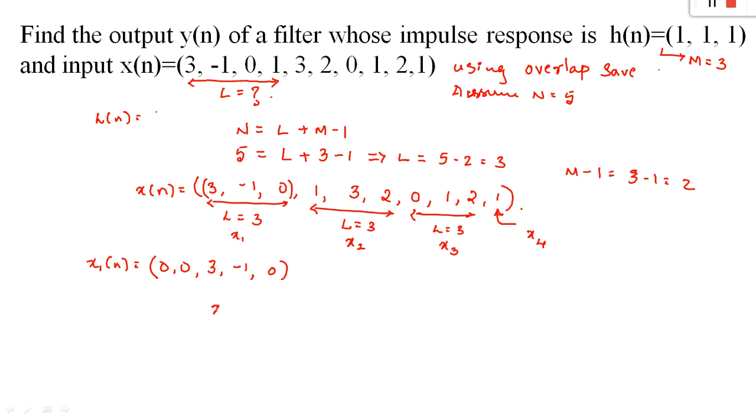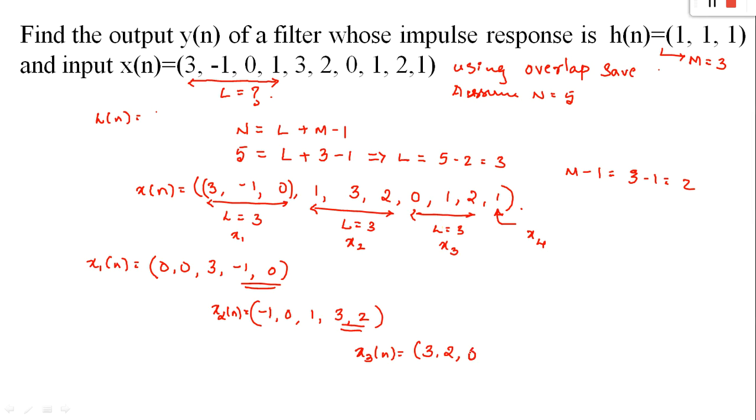Okay, now x2 of n I should take. X2 of n is equal to the previous two values of x of n, that is minus 1 comma 0. Now the fresh values of x2, that is 1 3 2. Then again x3 of n is equal to the previous two values, that is the m minus 1 value, that is 3 and 2.